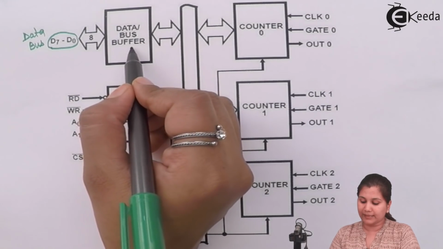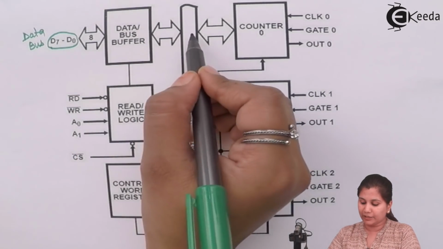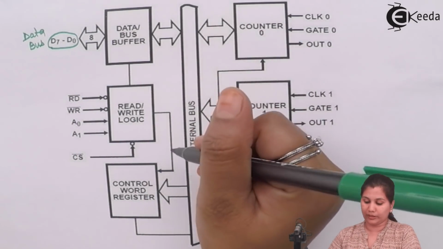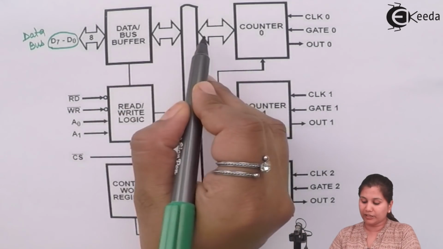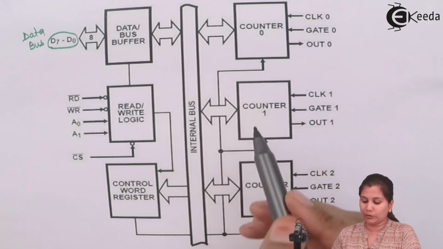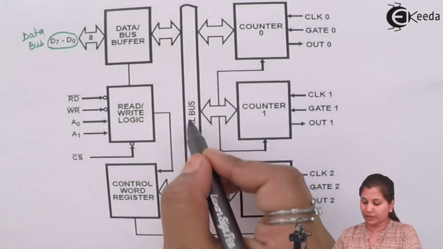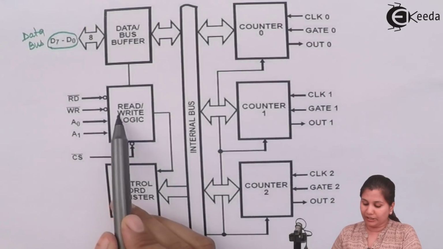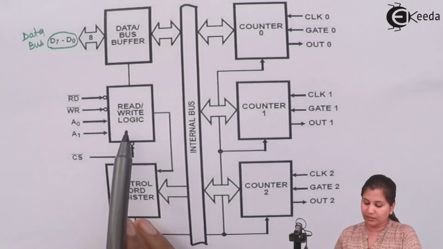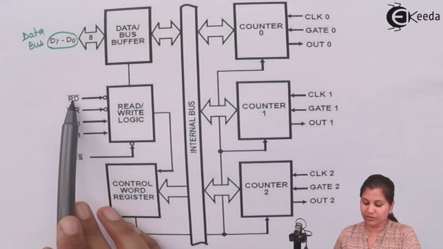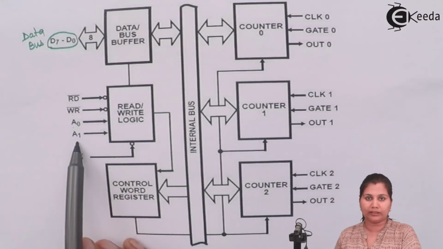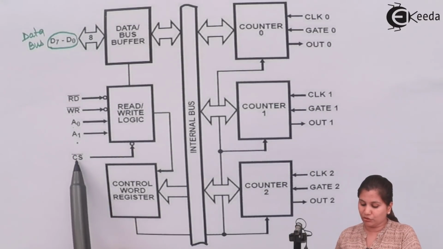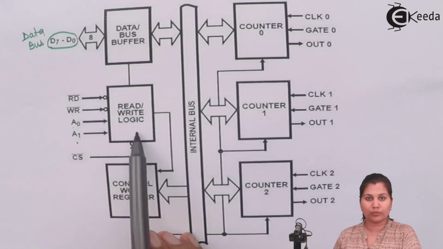And this data bus buffer is connected to the internal bus, so that if data is to be transferred to any of the counters, it can be transferred through this internal bus.